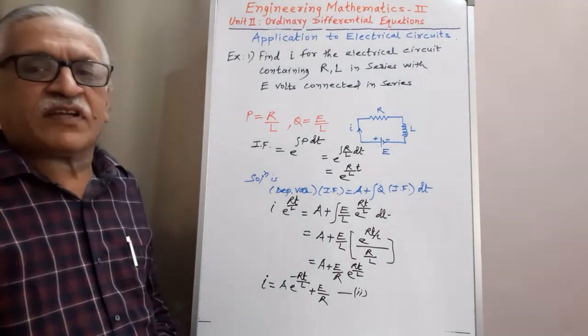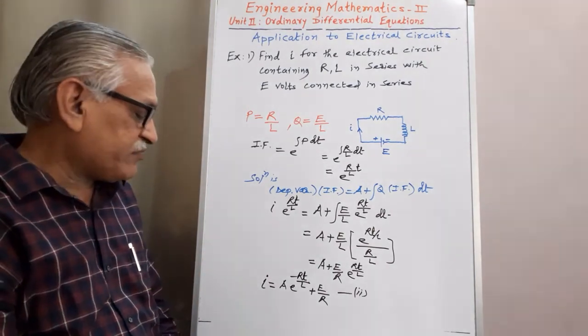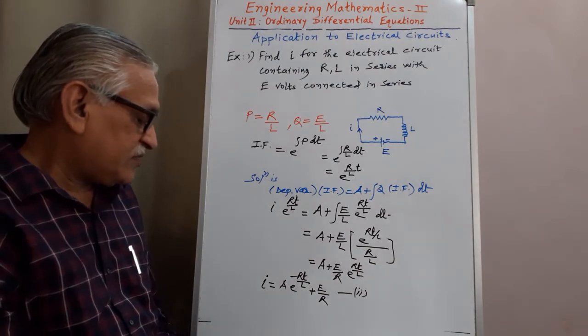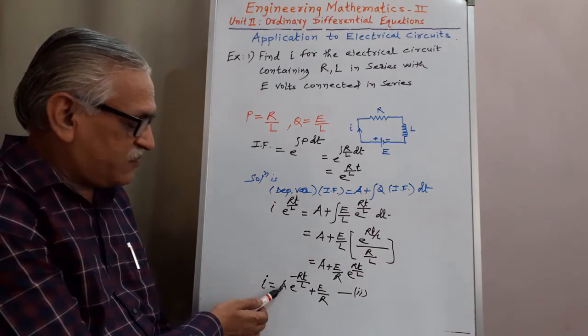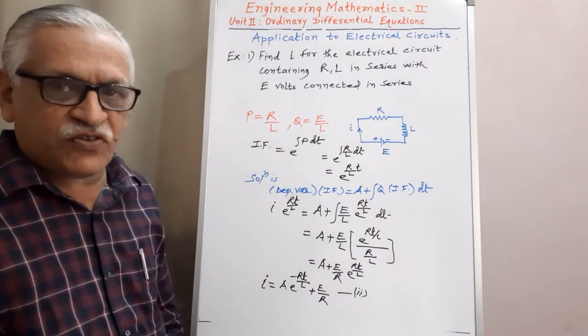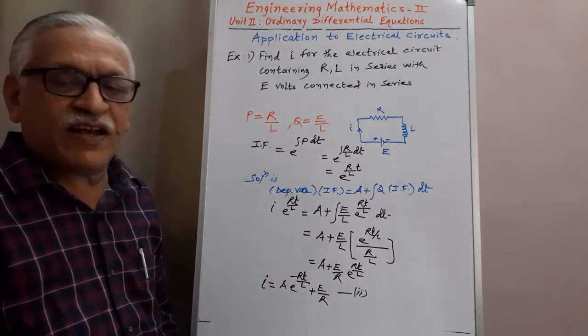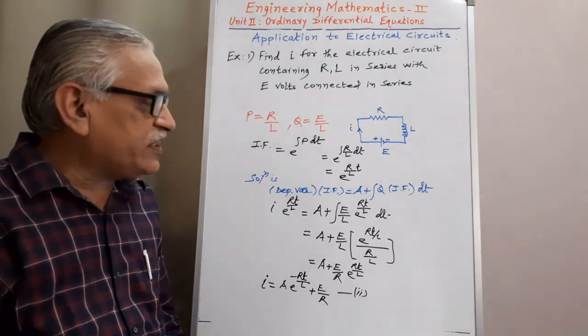This is the expression for current I through that circuit, where capital A is the arbitrary constant, and to determine the value of that arbitrary constant, we use the initial condition.